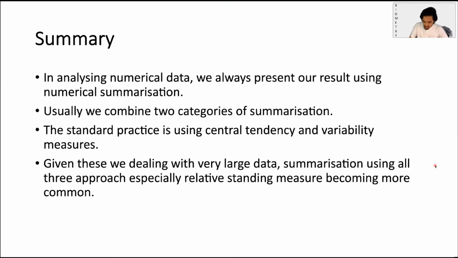The only way is to summarize in the form I taught you just now, categorized into three groups: the central tendency, the variation, and the relative measure. We provide the raw data, but to make sure others understand our conclusions or findings, we have to summarize the raw data that we collect.